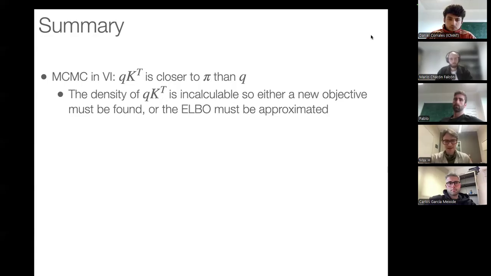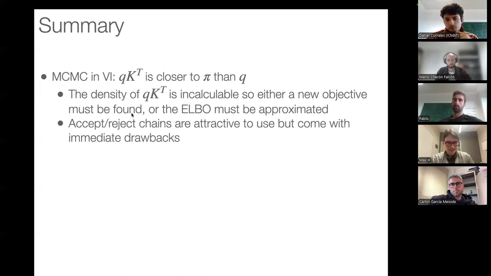But immediately we run into the problem that the density of not qk transpose, but qk to the power of t, is incalculable. So either we need to find a new objective other than the ELBO, or we need to do some kind of clever adjustments or a way of approximating the ELBO.